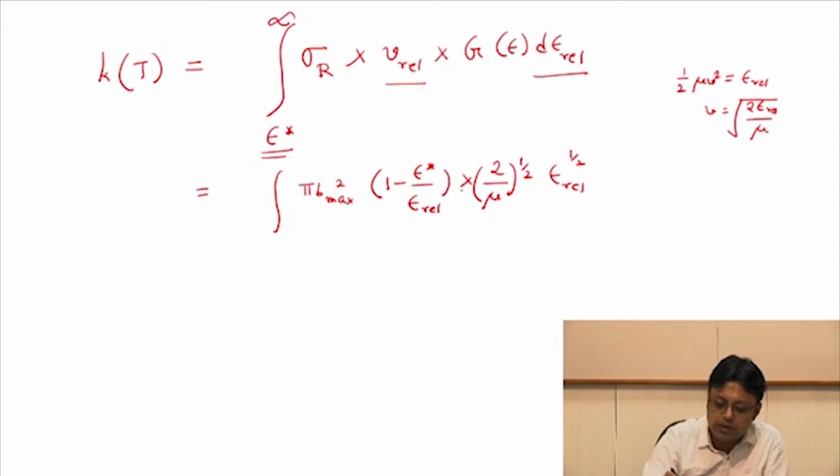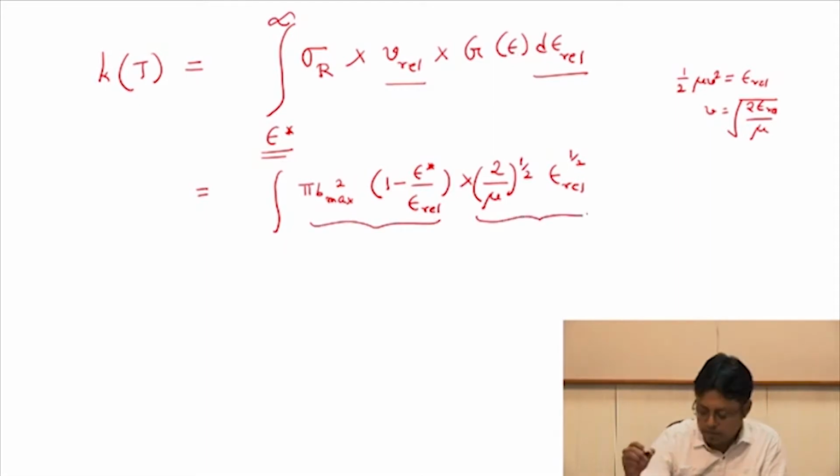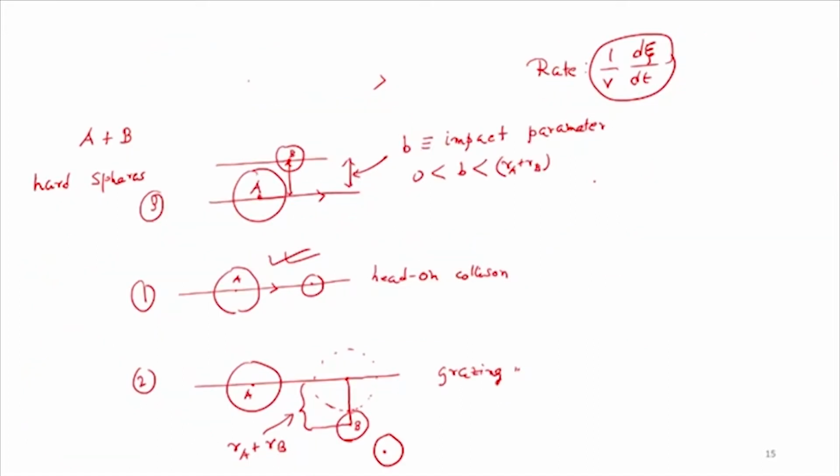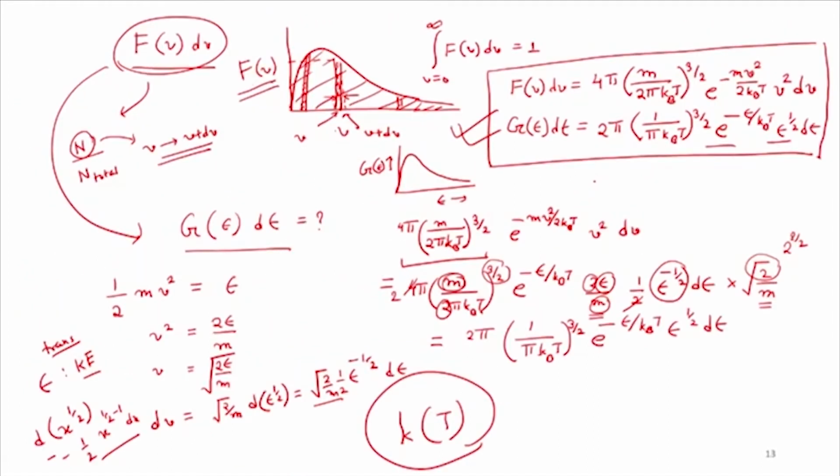So this is basically sigma r, this is the relative velocity expression, and then if you remember this distribution which we just got, it is 2 pi times 1 by pi kBT raised to 3 by 2, e to the power minus epsilon by kBT, epsilon to the power half d epsilon. So let us write it.